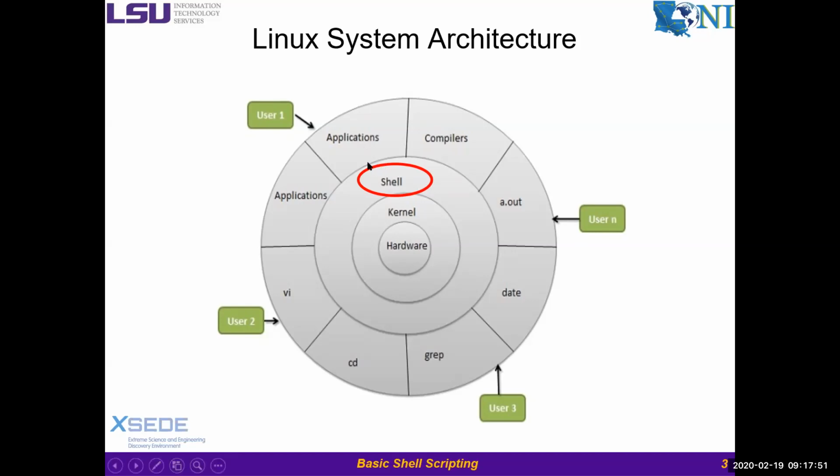You can see the shell is an intermediate layer between the kernel and the different types of user applications. Basically, when you want to use any user application, you need to go through the shell. The shell is an interface between all these applications and the Linux kernel. The Linux kernel is the layer that does the actual work for you.